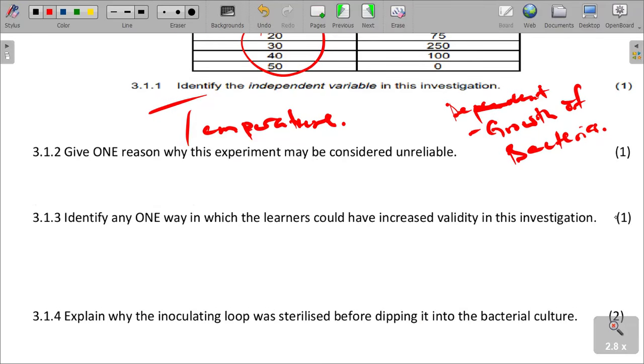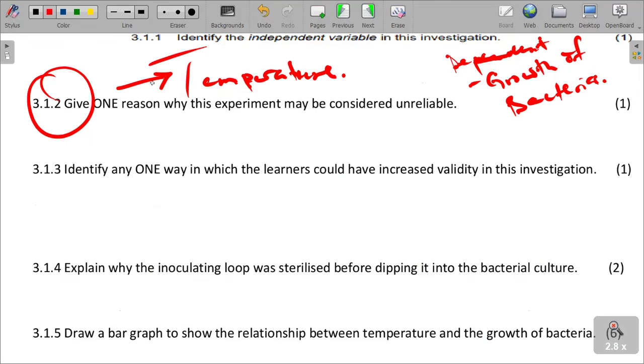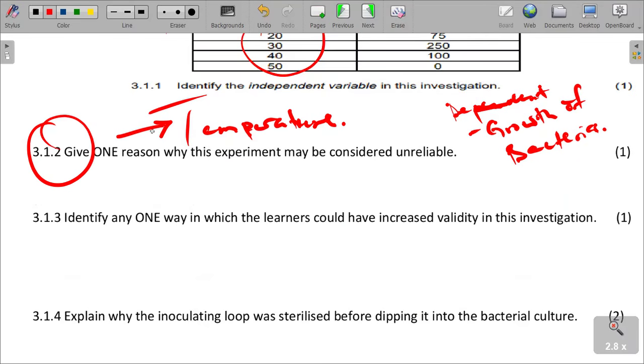So that is how it goes. Our answer is temperature, class. That is temperature in terms of the first question.